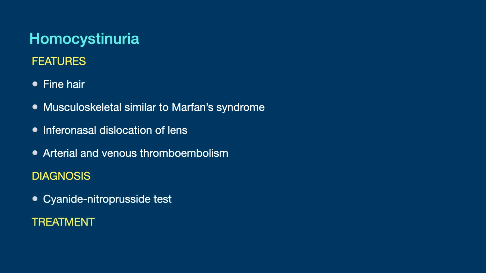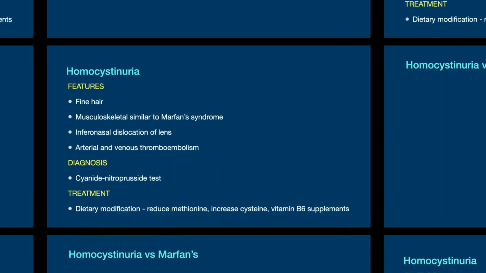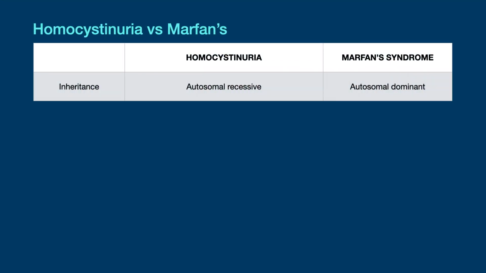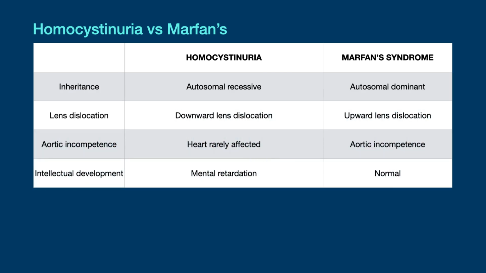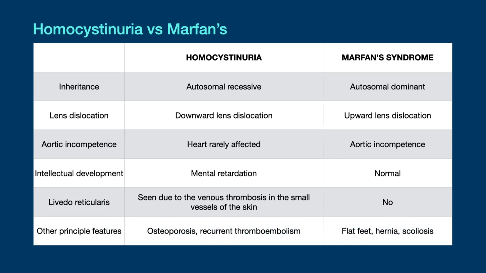Treatment includes dietary modification, which aims to reduce intake of methionine, increase cysteine, and vitamin B6 supplements. Homocystinuria versus Marfan syndrome. This table describes the differences between these two conditions, and this content is frequently tested knowledge in the exam.